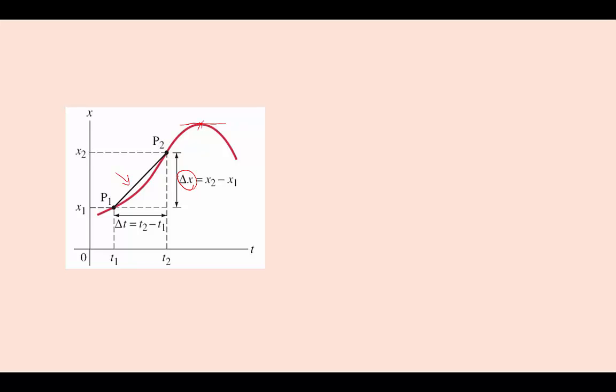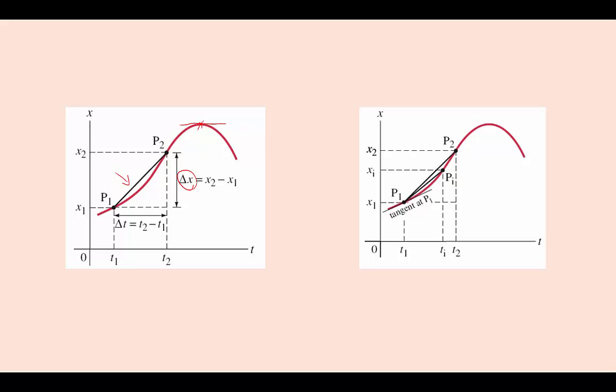You can also use a graph to determine this information for some intermediate point, say this point Pi over here between P1 and P2. In this graph, not only is the position changing with time, but the velocity of the car is also changing with time, as you can see by the fact that the tangent at P1 is not the same as the tangent at Pi, which is not quite the same as the tangent at P2.